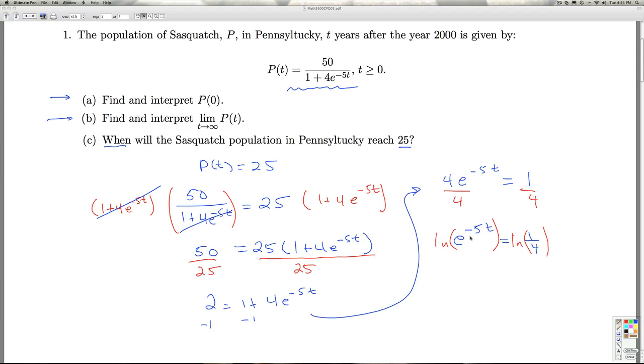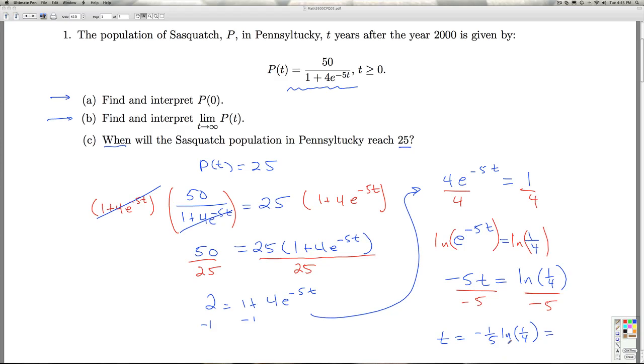So this operation undoes the exponential operation, and that just leaves me with negative 5t equals natural log of 1/4. And so for the grand finale, I can divide both sides by negative 5, and I get t equals negative 1/5 times the natural log of 1/4.